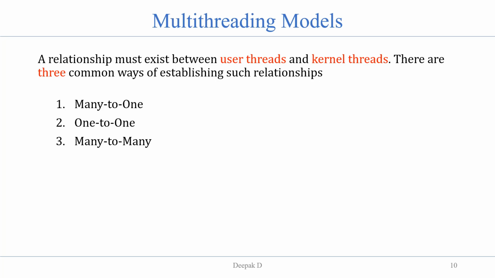There are 3 common ways of establishing this relationship: many-to-one, one-to-one, and many-to-many.